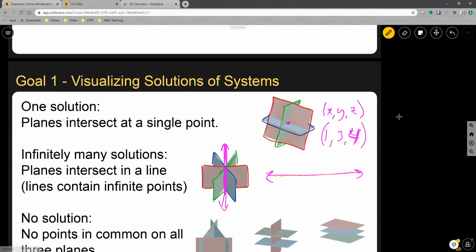And the solution for that would maybe look something like, oh, I don't know, maybe you have a value x that can be any value, and then a value y that's maybe -2, and a value z that is 4, or maybe you have some other combination. But basically, at least one of the values can be anything, and the other two values are fixed values.